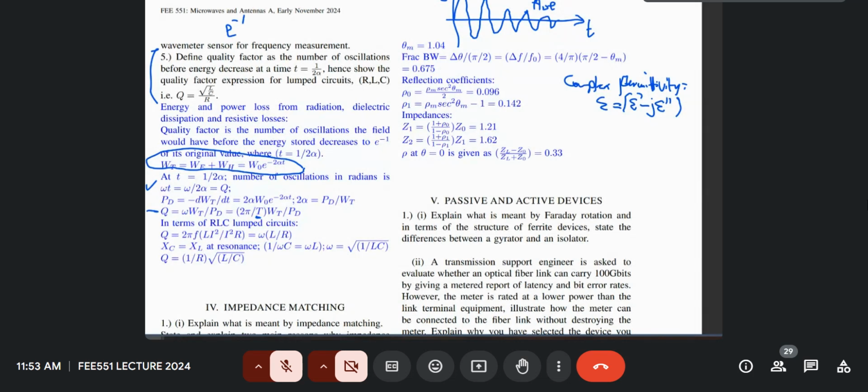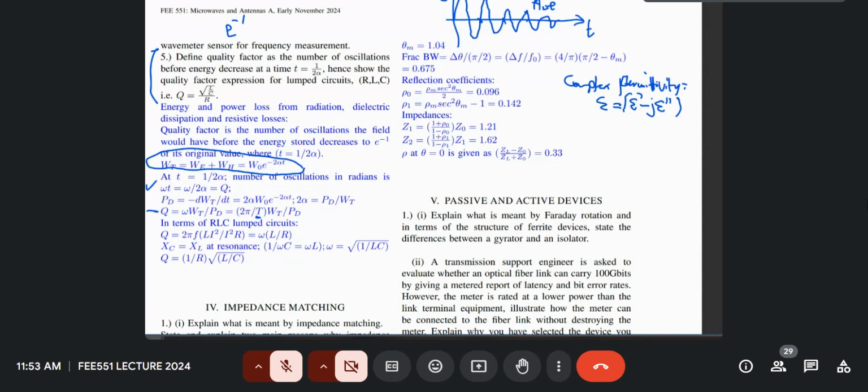So what is the quality factor in this one? You count the number of oscillations, isn't it? So you have quality factor 1, 2, almost 3, maybe 2.5. So you can count the number of oscillations, so quality factor is 2.5 in that case. I hope it's clear what we are trying to explain by this quality factor that we're looking at.